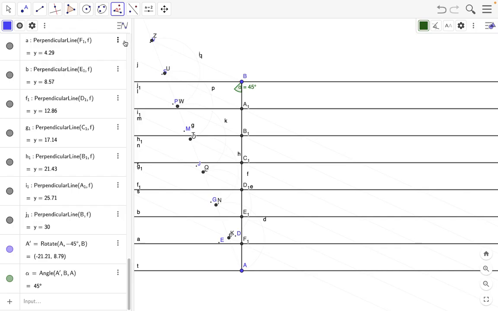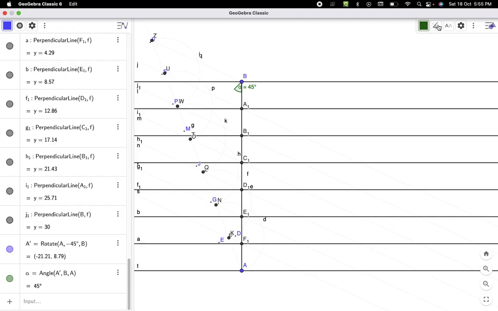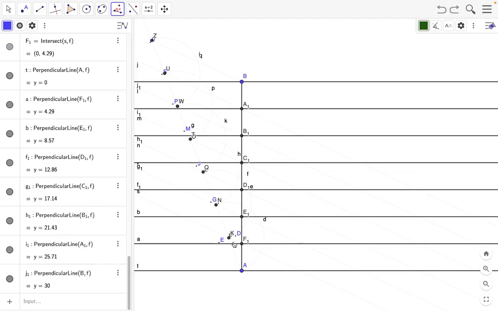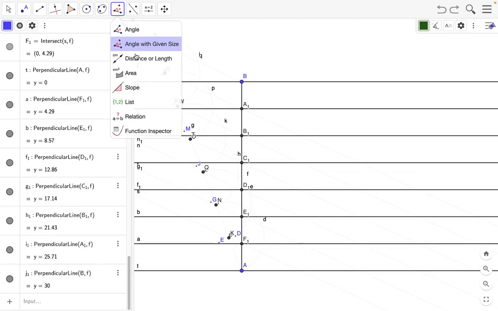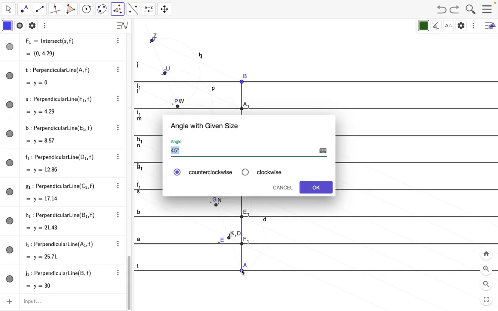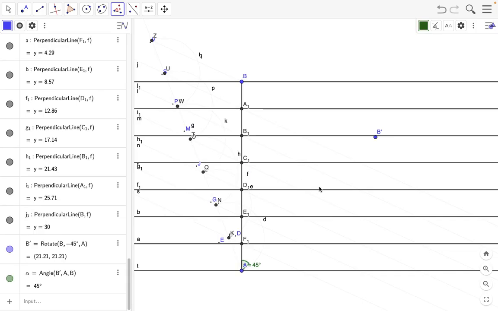Sorry, here we have selected in the wrong order. So we will select first the leg point, then the vertex, and then the angle in the clockwise direction. So we will get the point B prime.